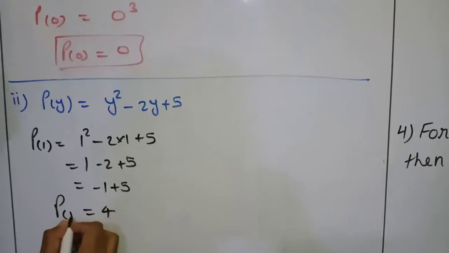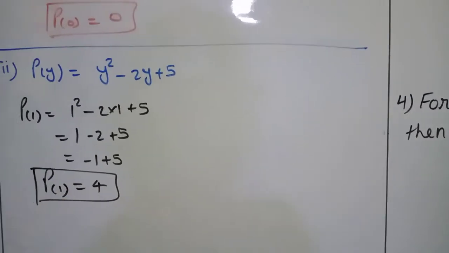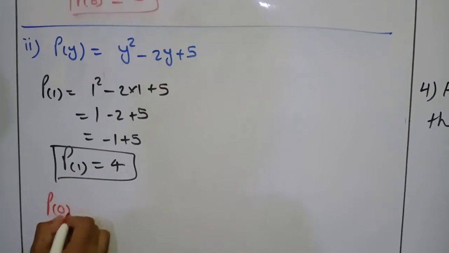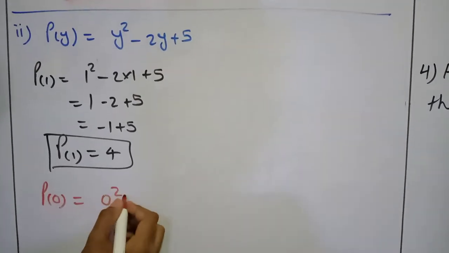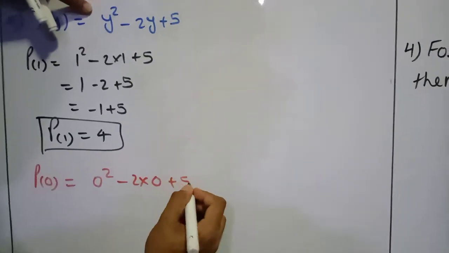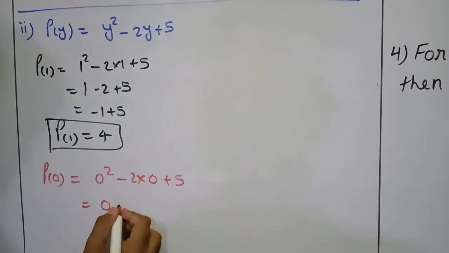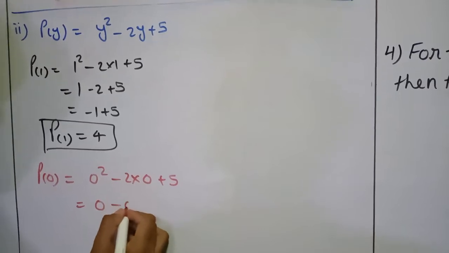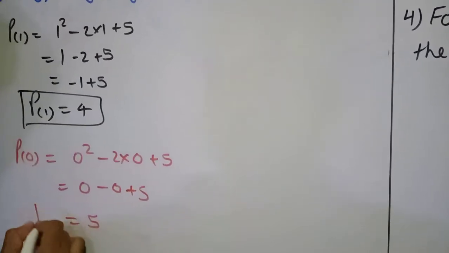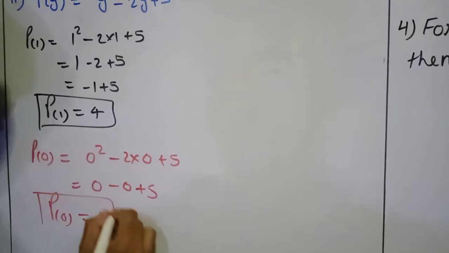That is the value of P(1). Then P(0) is equal to square of 0 minus 2 into 0 plus 5. Square of 0 is 0, 2 into 0 will become 0, plus 5. We are getting the answer 5. P(0) is equal to 5.